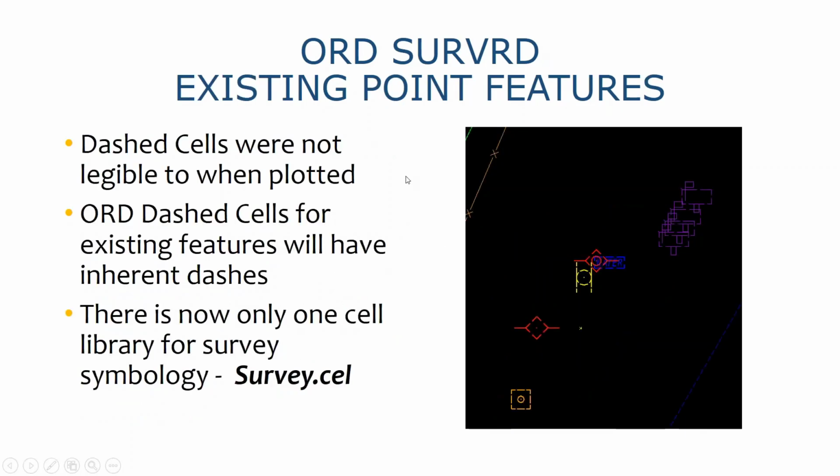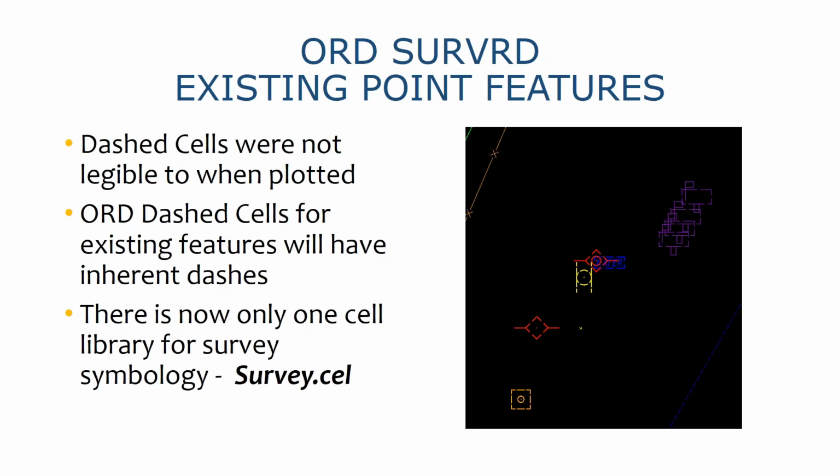Dash cells also were an issue in the past. They were not legible when plotted, and so what we've done is we've gone in and put inherent dashes in these cells so they look much better, they plot much better, and also there's now only one cell library.